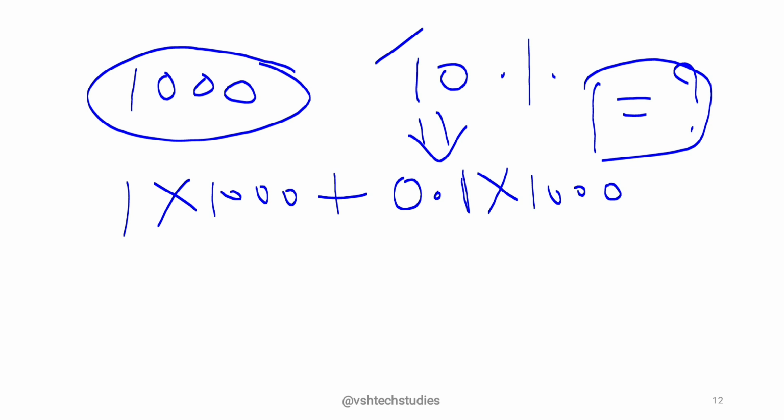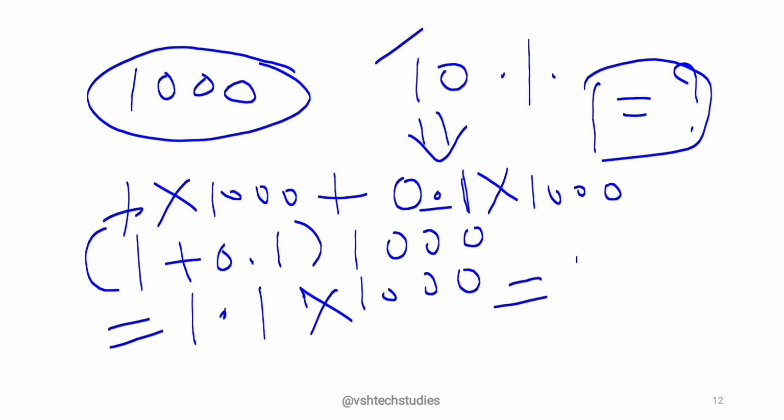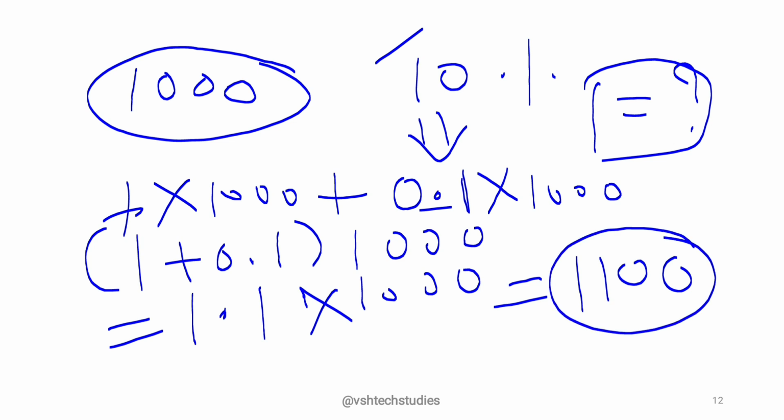So if you take 1000 common, in brackets we have 1 plus 0.1, which is 1.1, into 1000. So 1.1 into 1000 is 1100. This is the same answer as the previous one. This is the original value, and after a 10% increment the final value is 1100.